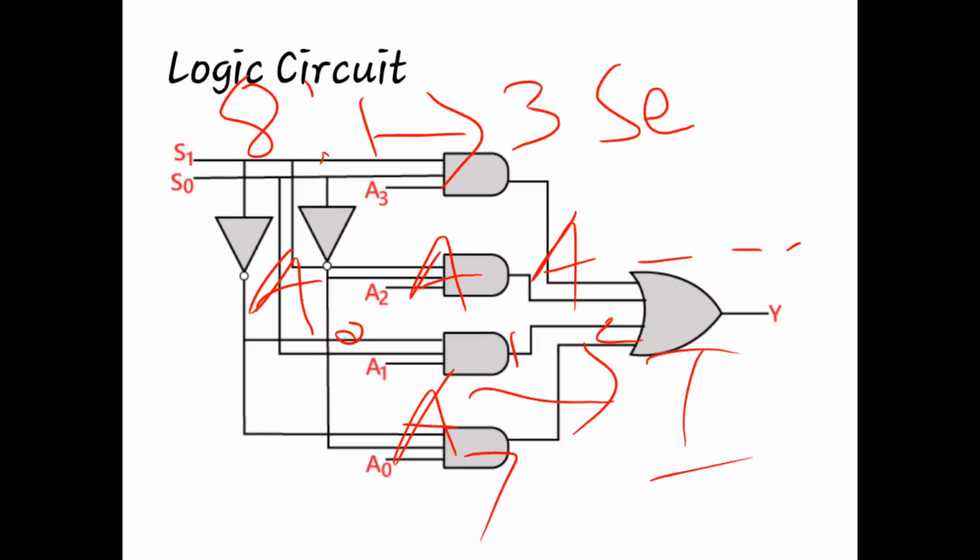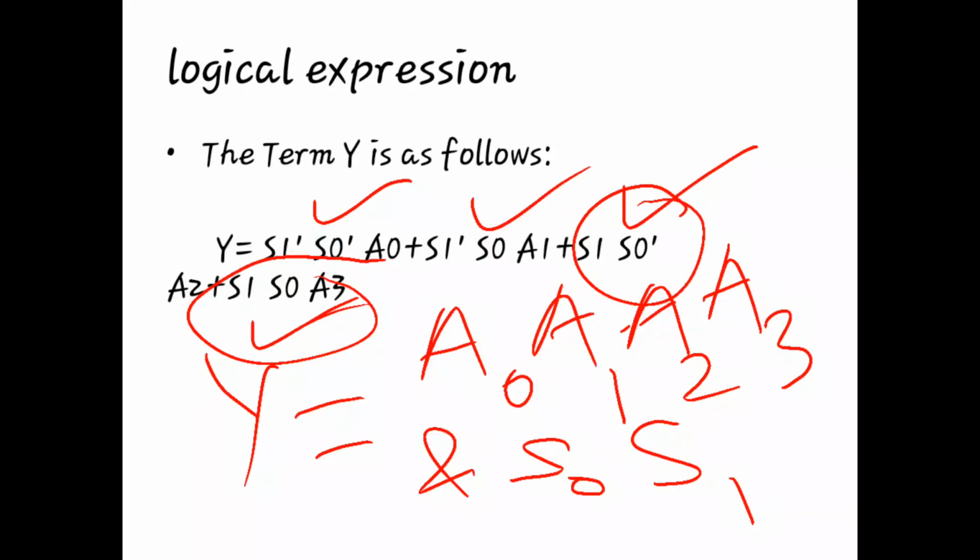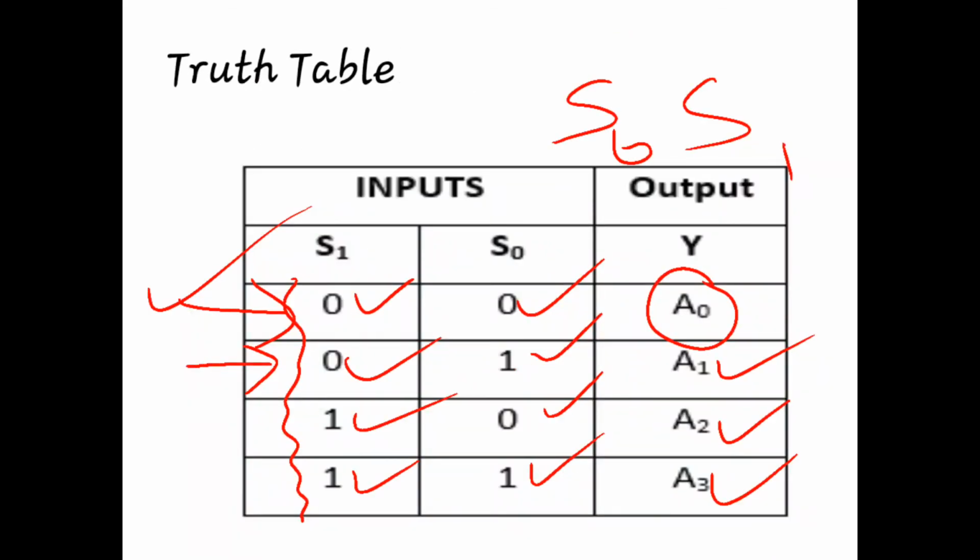If we have to write the truth table of 8 by 1, then in the inputs a third line S2 will be introduced. Like in this example, this is the 4 by 1, 4 combinations.